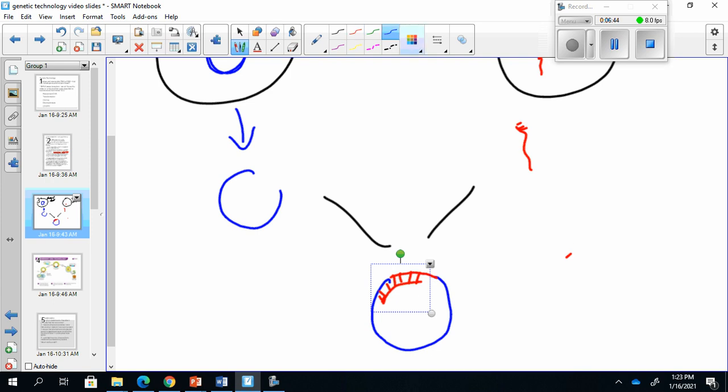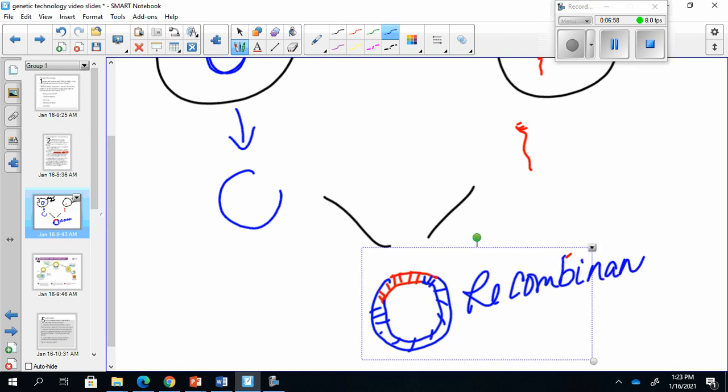And then the blue is like this. So there's the other sticky end connecting, and there's the original. So this is my recombinant DNA plasmid. So again, this plasmid is just so that I can insert it into something else.